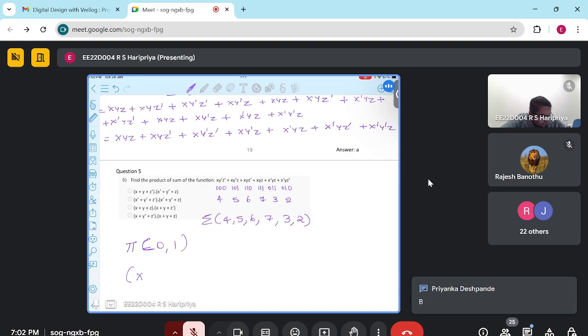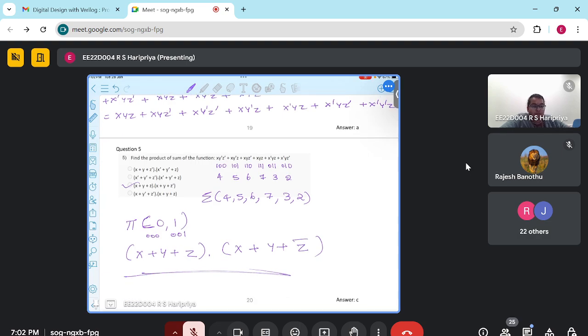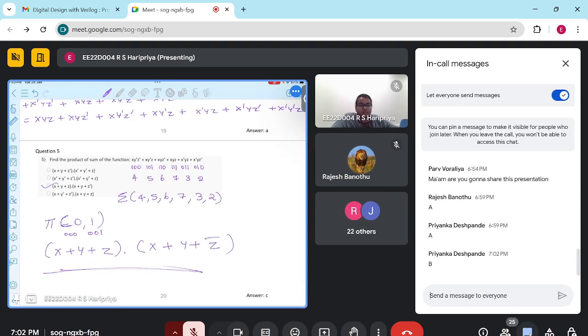Yes, so it's x plus y plus z, x plus y plus z complement, which is option C. Clear?